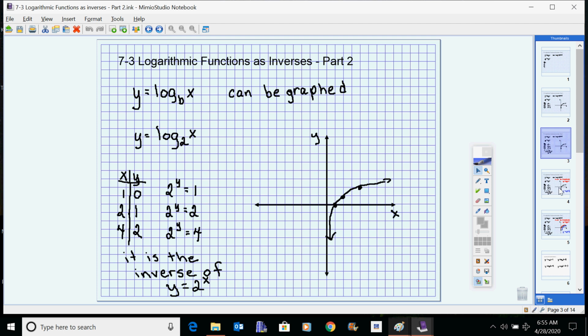Okay, so just like any of the other types of functions, these can be moved up, down, left, right. So we want to talk about that a little bit. They follow the same rules. They can be transformed, but you have to think about what goes where. So if you have a 1 that's hanging out on the outside that's not really attached to the original parent function, then this is your up and down piece.